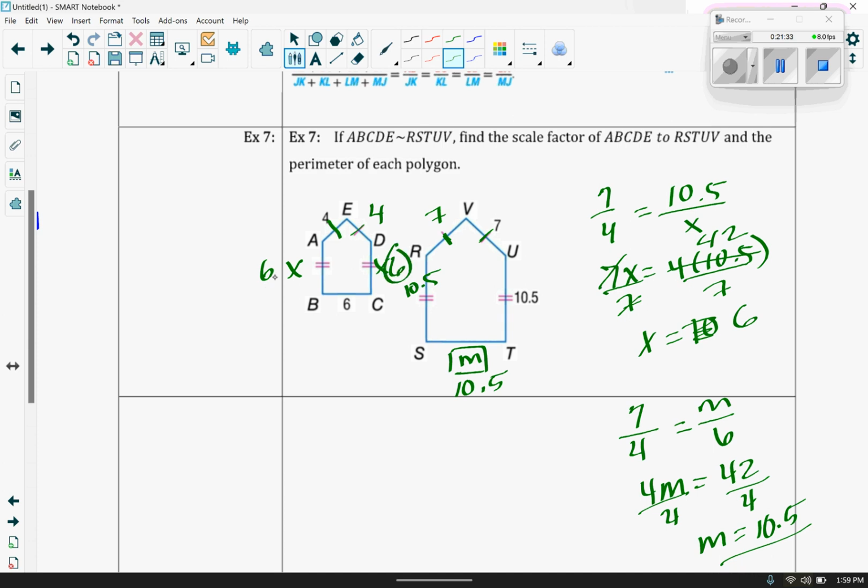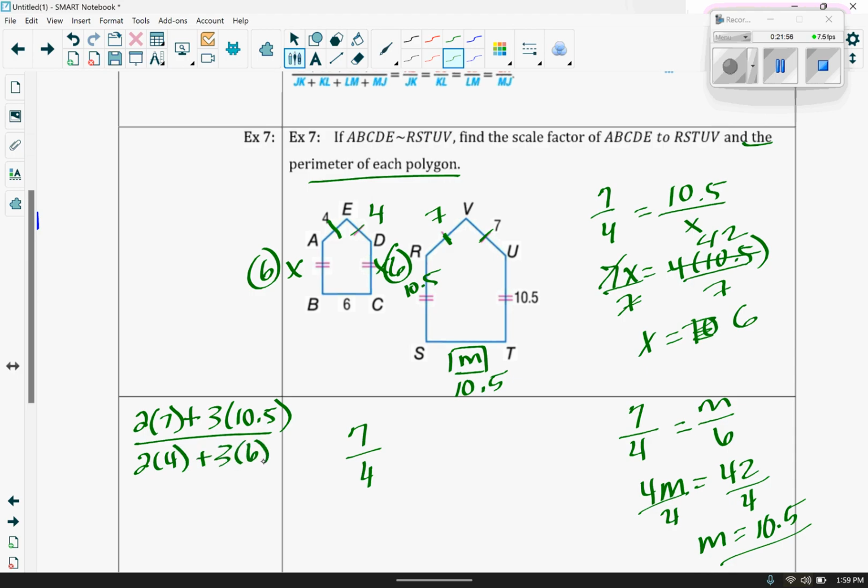I was ahead of myself. And then the perimeter of each, well, I will tell you, the perimeter should be 7 to 4. Because when you add them all together, you're going to have 2 7s plus 3 10.5s over 2 4s plus 3 6s. And it ends up being 45.5 over 26, which is 1.75, which fraction-wise is 7/4.